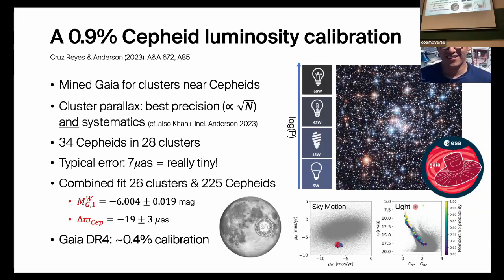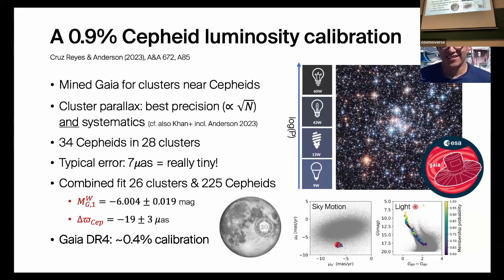So now that we can have stars in the magnitude range, let's say fainter than 11, we actually are very interested in using star clusters. Here you see an example. My PhD student Mauricio Cruz Reyes mined the ESA mission Gaia to find clusters that are in the vicinities of Cepheids.